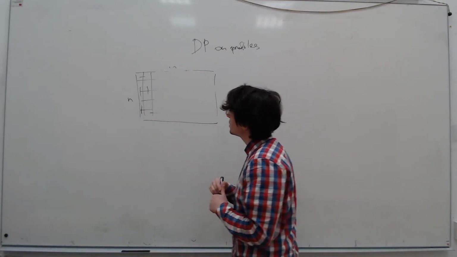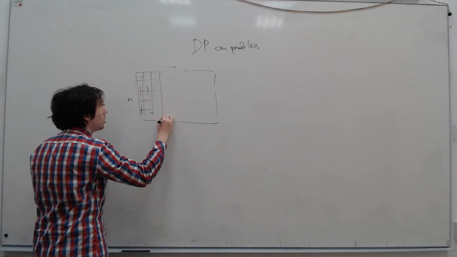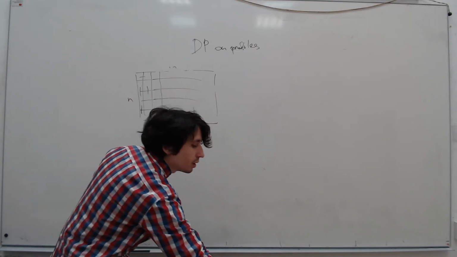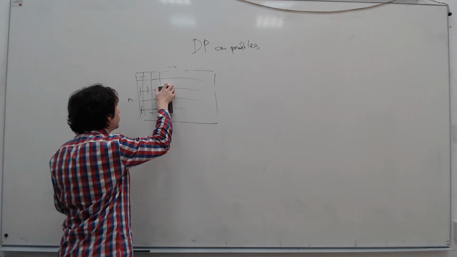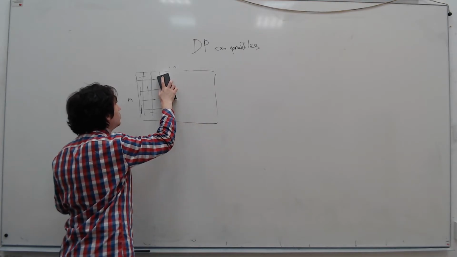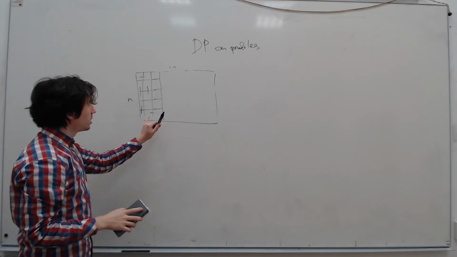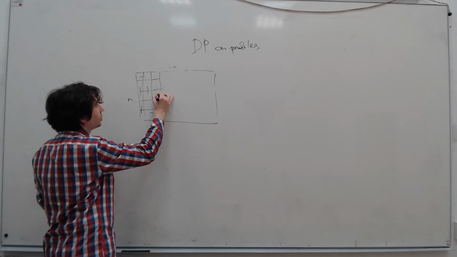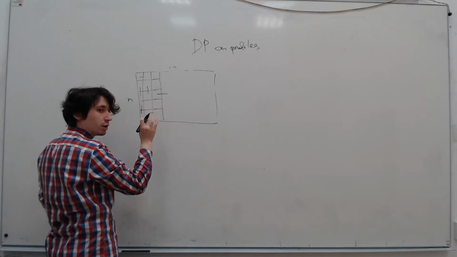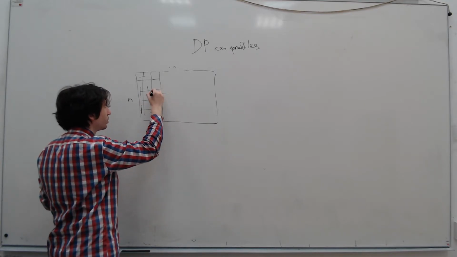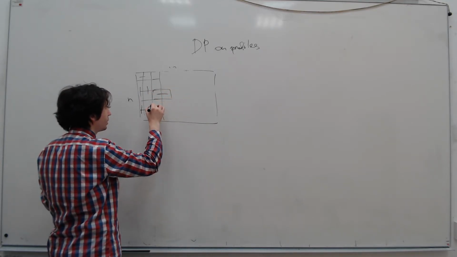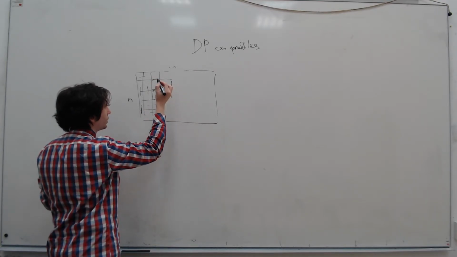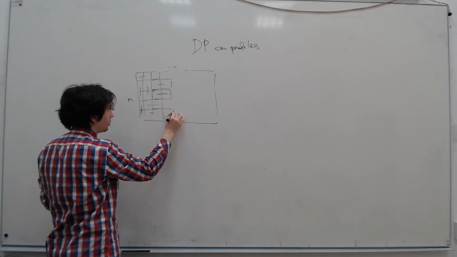And at some moment, for example, you think that you fully filled the first three columns, but there are some dominoes that are coming out of these three columns. Kind of that.